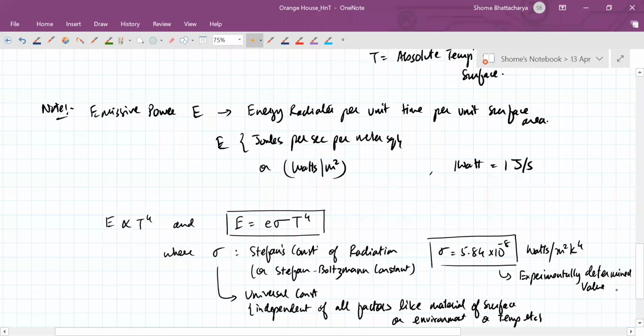You don't have to memorize the value. It will be given to you in the question paper at the NEET level, but you should have an idea about the kind of value it has. In many questions, we will approximate it as 6 into 10 raised power minus 8.